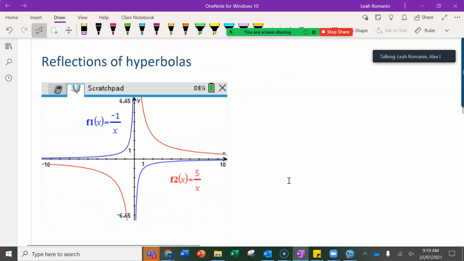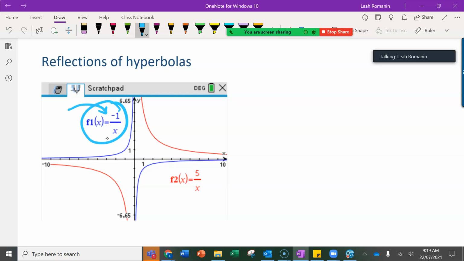Now, we can also reflect our hyperbola. So our normal hyperbolas are in the bottom left and the top right. As we can see from the blue graph now, if we reflect it, so as in I've got this negative at the top, that's when it flips around.